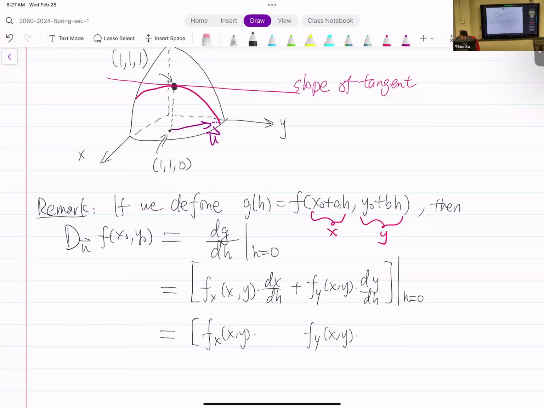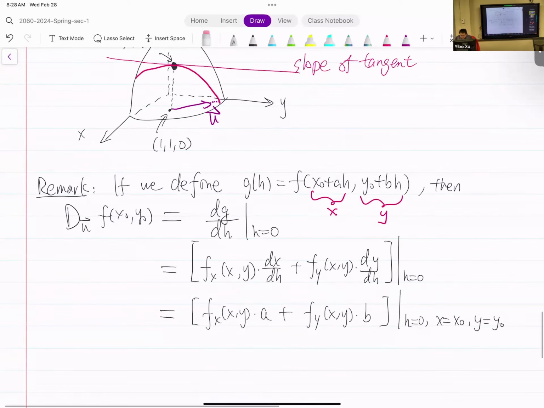So dx/dh is only a, dy/dh is only b, and we add. And then at h equals 0, x must be x0, y must be y0. And the reason for this evaluation is exactly because at the point h equals 0, ah and bh are gone, right? So it's good. And then we're done, right?